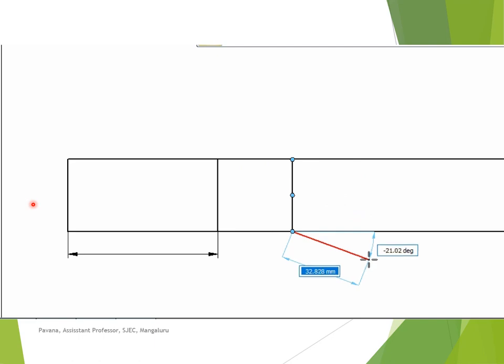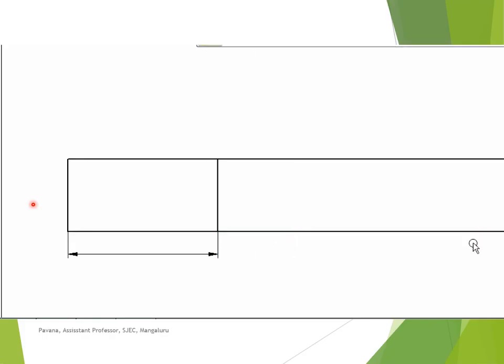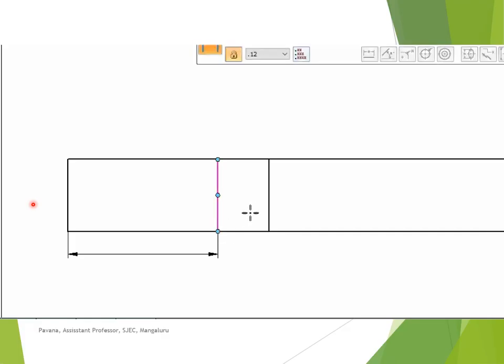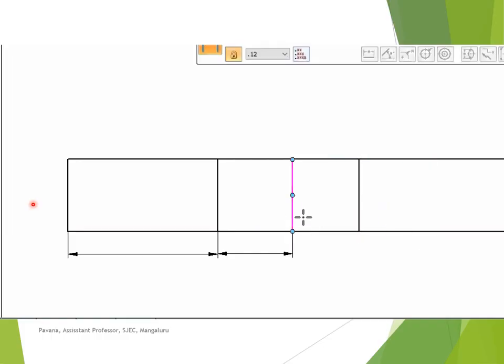Okay, so next is 60 degree. According to the scale, 60 means 3 centimeters or 30 mm, that has to be marked. Next one is 90 degree. So this is 60 degree. Then 90 degree. According to the question, the inward movement or the returning to the starting point is at 90 degree.